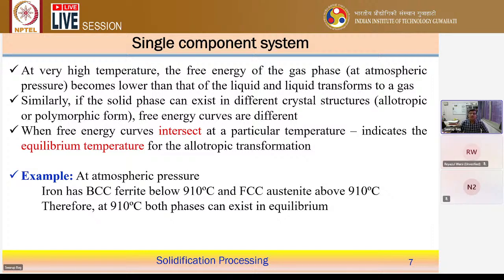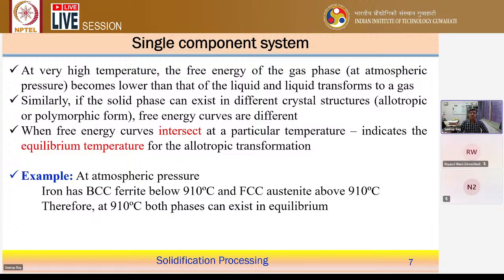So the liquid is transformed to the gas by lowering the free energy. Therefore the gaseous phase is more stable than the liquid phase at elevated temperature.